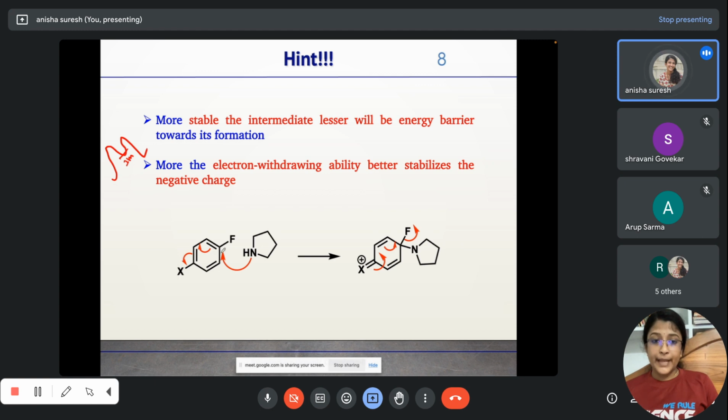Sorry, this lone pair of electrons on the nitrogen can attack at the ipso position of this fluorine. This double bond will migrate, so this double bond will come into conjugation with this X. Then when this goes back in this fashion, this F will act as the leaving group and it will be eliminated.